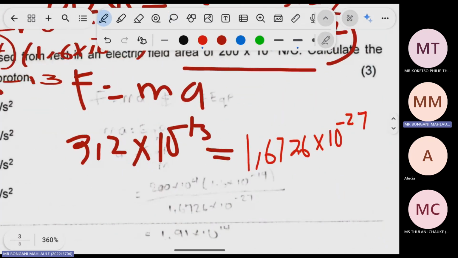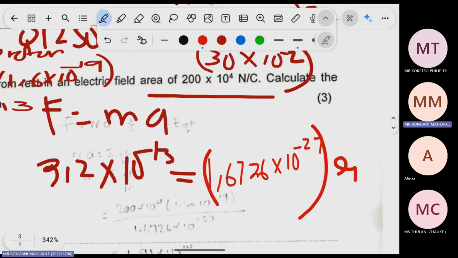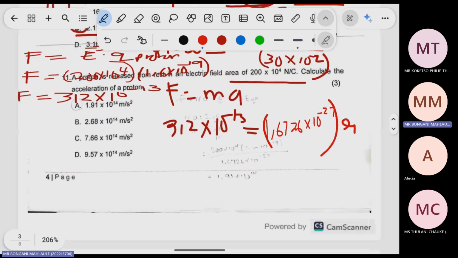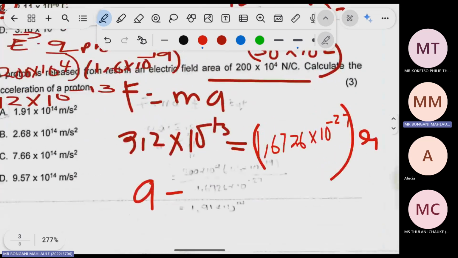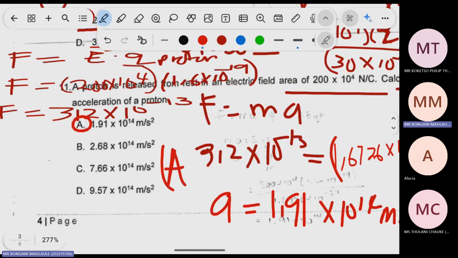Then I will have this. Then you multiply by the acceleration, -27. Then you'll get 1.91 times 10 to the exponent 14 meters per second squared. So the answer here was letter A.